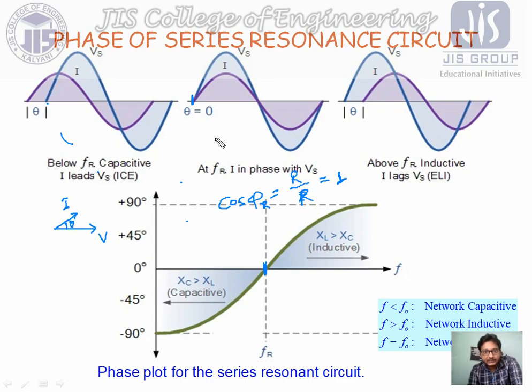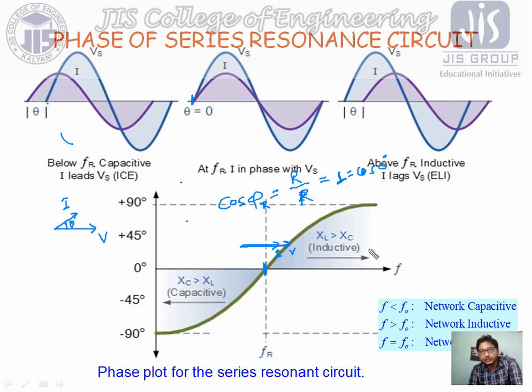And at resonance, if this is our V, there is no more angle difference. The angle between voltage and current will be 0, since cos of 0 is 1, so the angle between voltage and current is 0 degrees. So V and I will be over there, in the same direction.